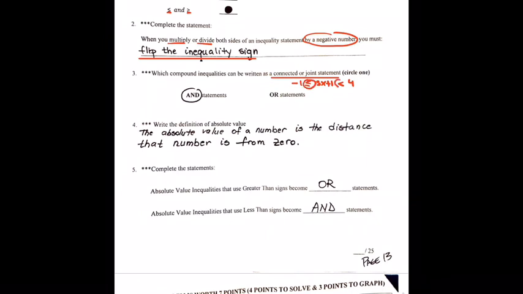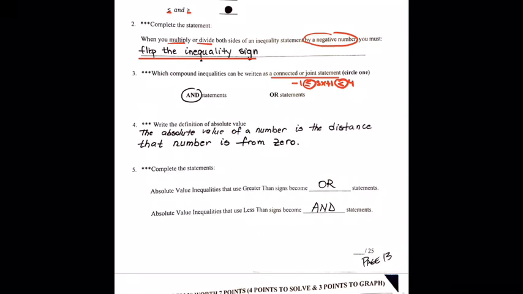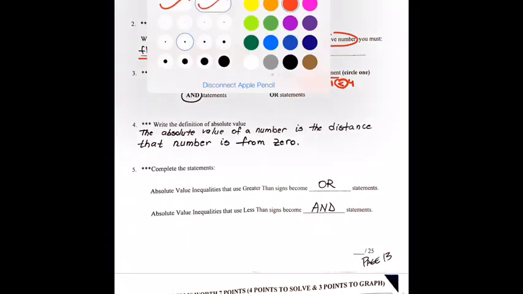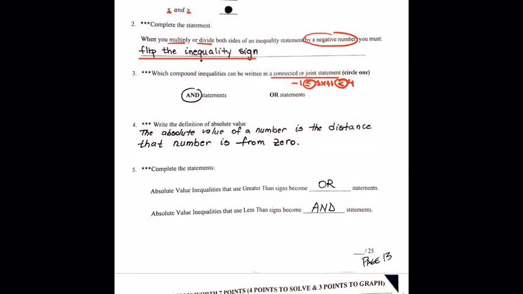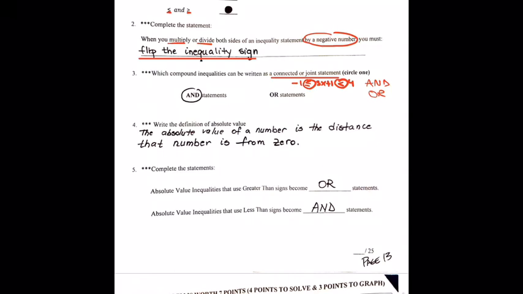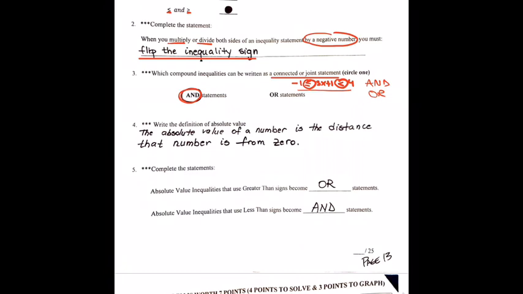We have our two inequality signs, but there is no connecting word in between. So remember, whenever we have a compound inequality, we must have either and or connecting the two statements. If there is no word given, such as in this example, that is an and statement.